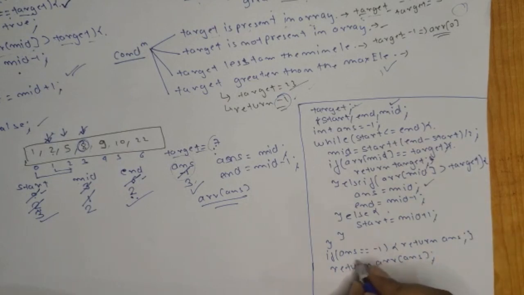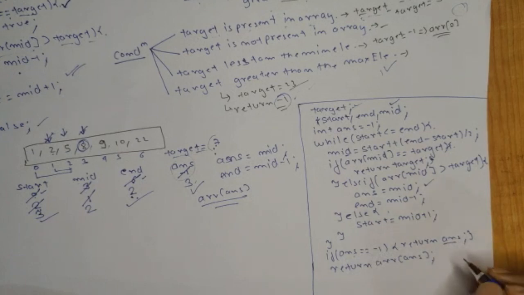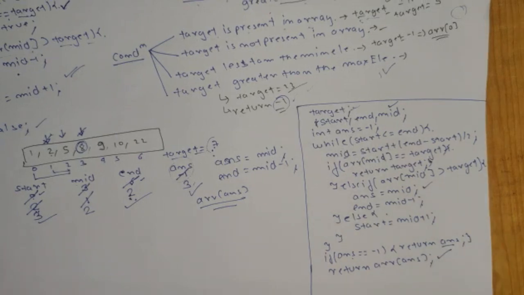That's why if our answer is equal to -1, we simply return -1. It means there is no element in the array which is greater than or equal to our target variable, and if it is not equal to -1, then we return array of answer.